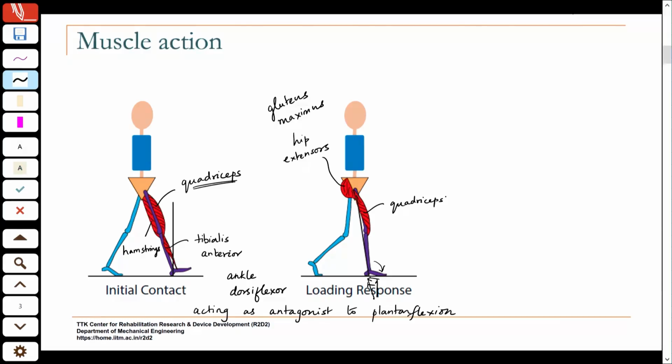So, during loading response there is controlled flexion. For controlled flexion to happen, the quadriceps have to act, otherwise you are again going to have uncontrolled flexion and you will lose stability. So, maintaining stability of the knee is paramount during weight acceptance, or the loading response phase.